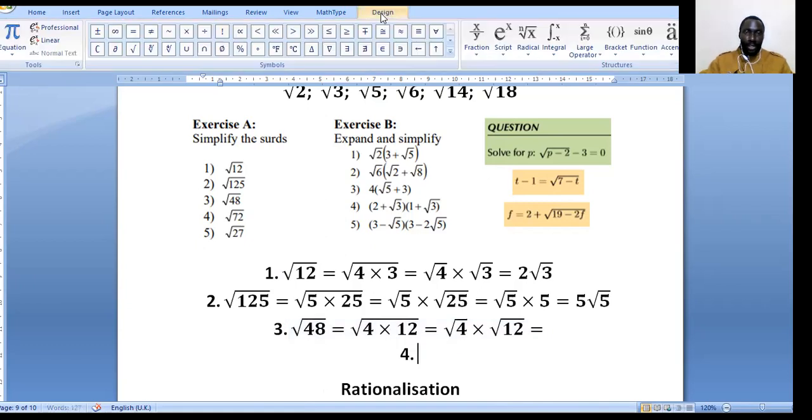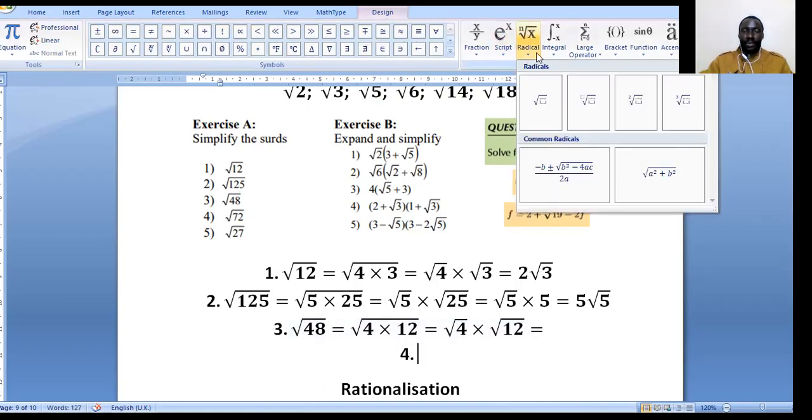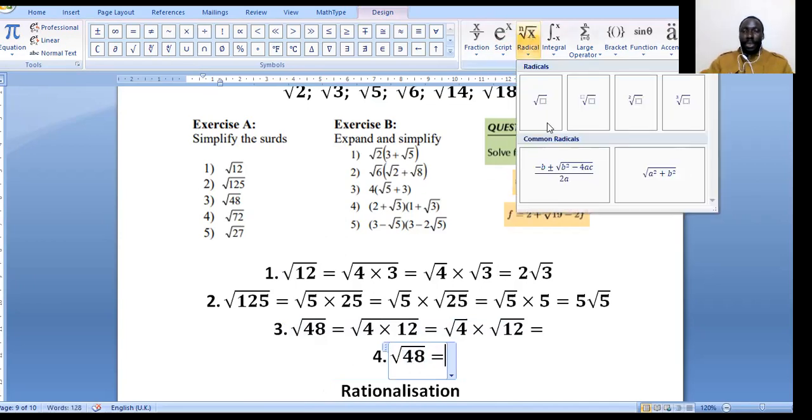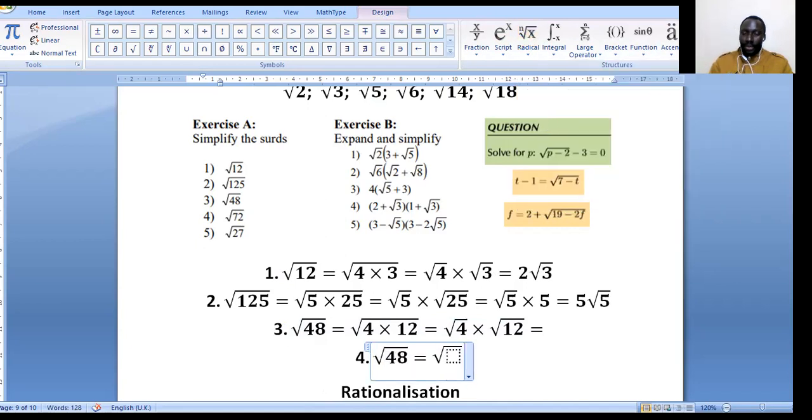I'm going to find out the square root of 48 using 2 methods. The second method, I'm going to handle 3 and 16. But for the first one, let's first deal with it.